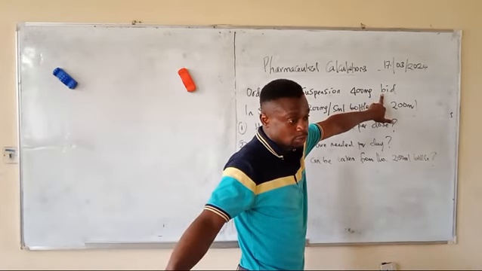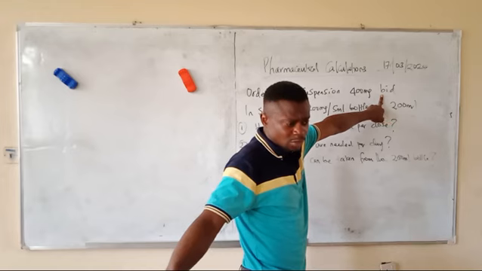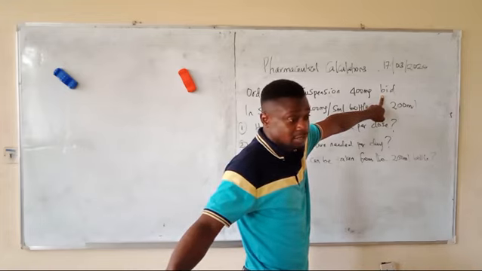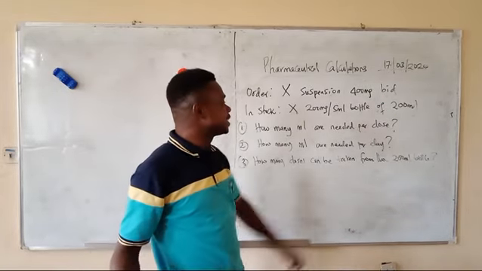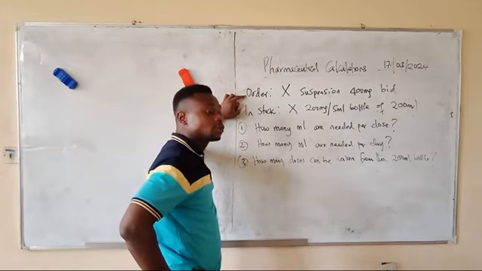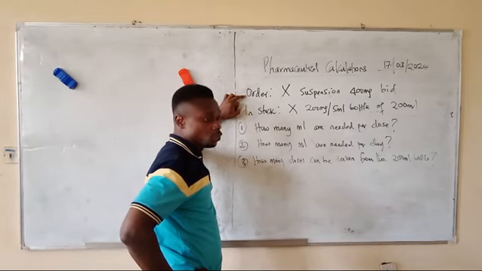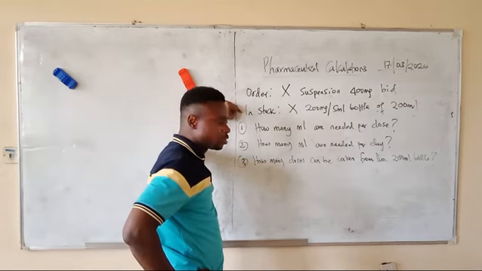BID means what? Twice daily. So this is the order that comes to the pharmacy. It says X suspension, 400 milligram twice daily. But what they have in stock, please look up.